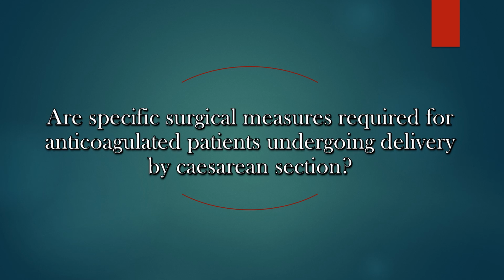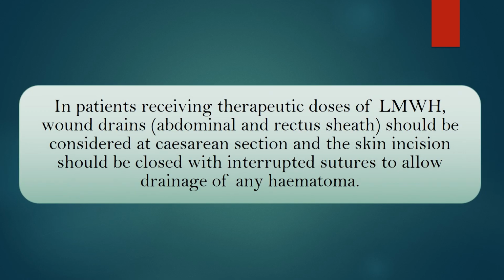Are specific surgical measures required for anticoagulated patients undergoing delivery by cesarean section? In patients receiving therapeutic doses of low molecular weight heparin, wound drains, abdominal and rectus sheath, should be considered at cesarean section, and the skin incision should be closed with interrupted sutures to allow drainage of any hematoma.